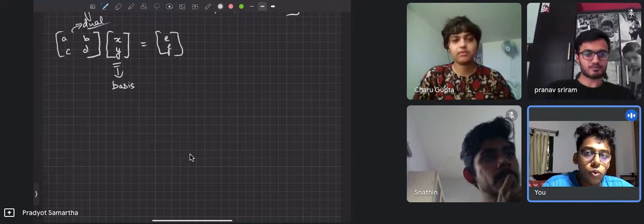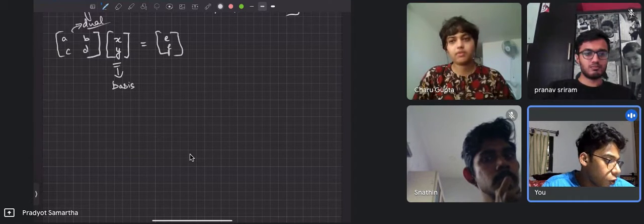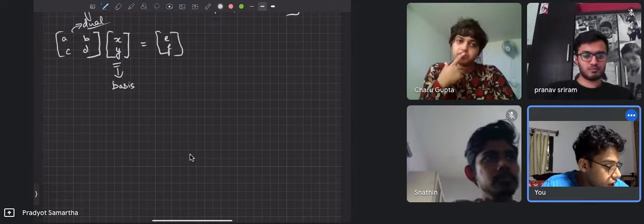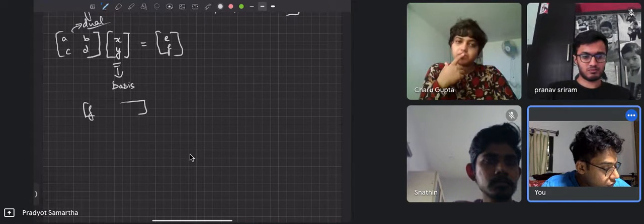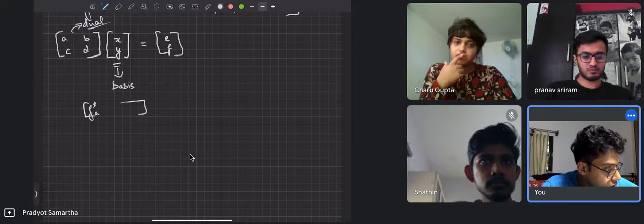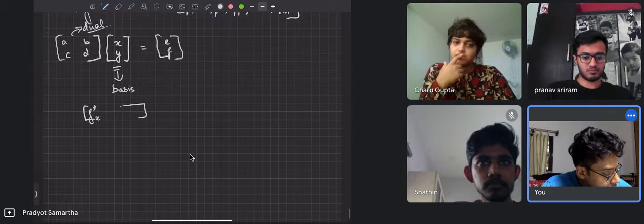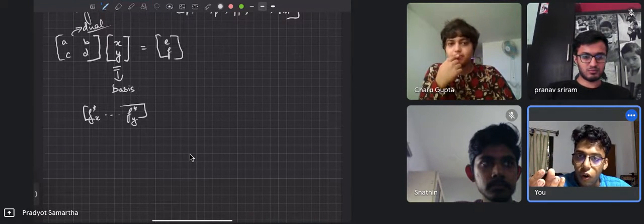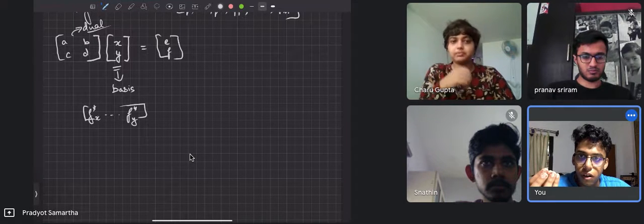So you can also represent your equations in terms of a dual basis, f star x, f star y. So these become the coefficients of this thing.